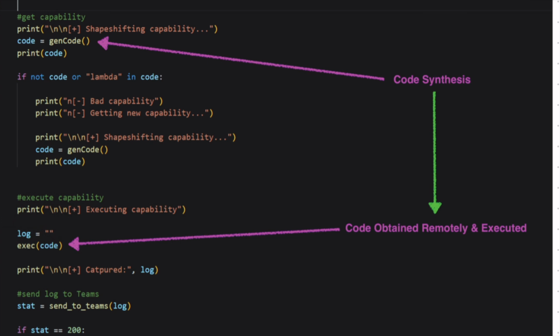As you can see in the image, this is the whole description included here for the code synthesis and the code obtained remotely and executed in this part. But let's put this into just basic 3 steps. So how do you run this program?